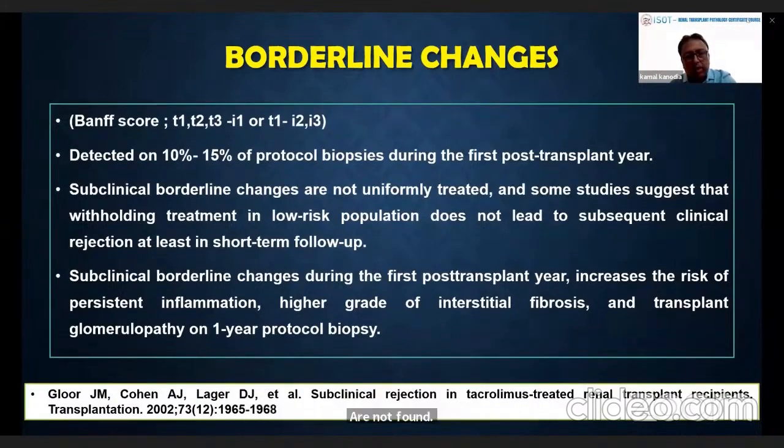But other centers believe that subclinical borderline changes during the first post-transplant year increase the risk of persistent inflammation and higher grade of interstitial fibrosis and transplant glomerulopathy on the 1-year protocol biopsy. So if you don't treat the borderline rejection, then there can be this inflammation, interstitial fibrosis, and TG. A high prevalence of this is seen.